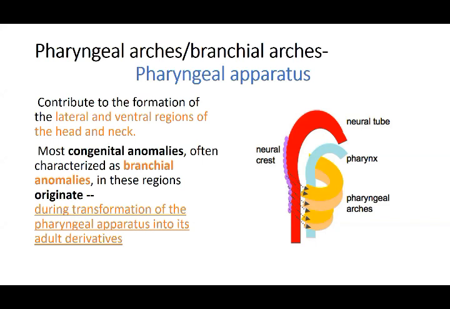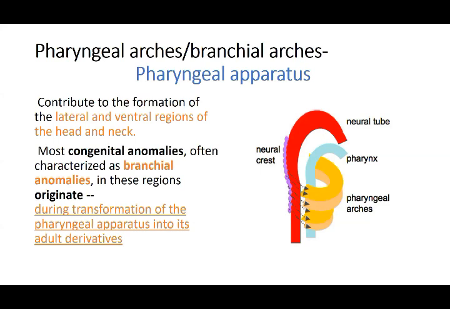This contributes to the formation of the lateral and the ventral regions of the head and neck. All the glands, the muscles, the nerves, etc., all this is formed by this apparatus. Most of the anomalies which develop while this is going on to its maturity are given the name branchial anomalies.